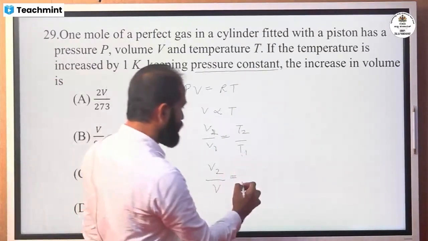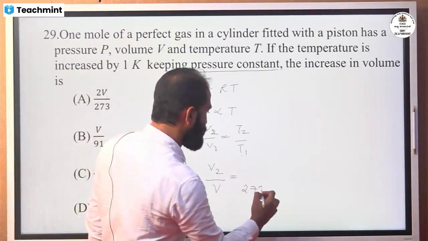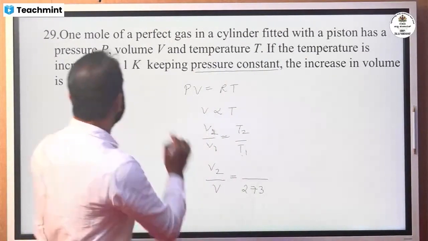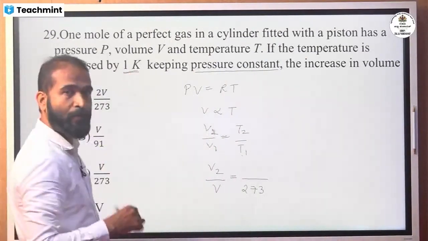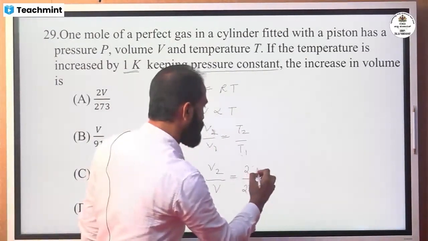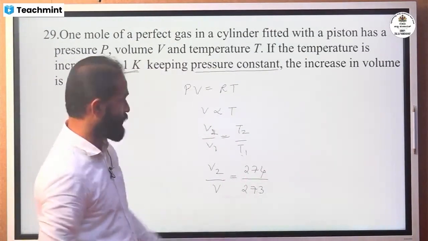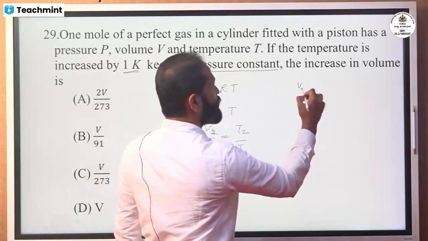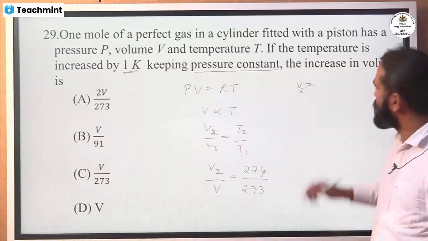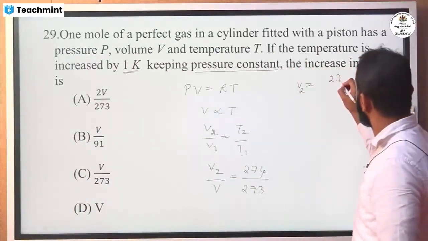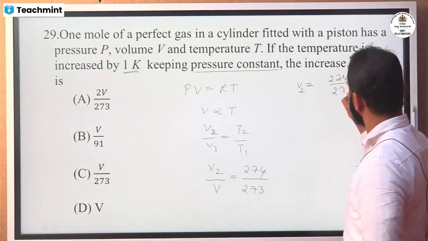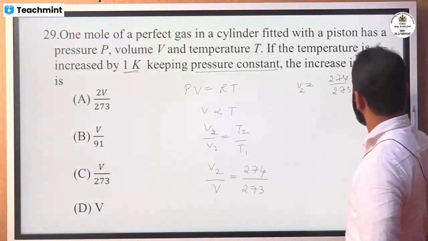So this will be 273. And now the final temperature is increased by just 1 Kelvin. That means it must be 274. So the final volume V2 is now equal to 274 divided by 273 times the initial volume.